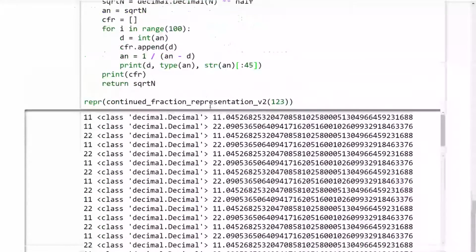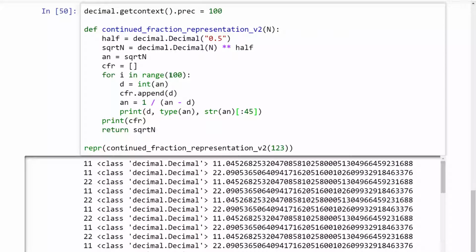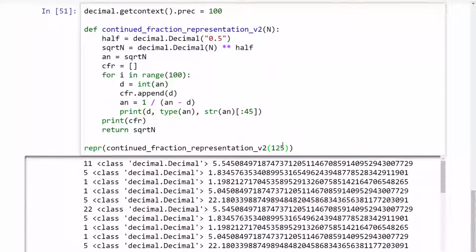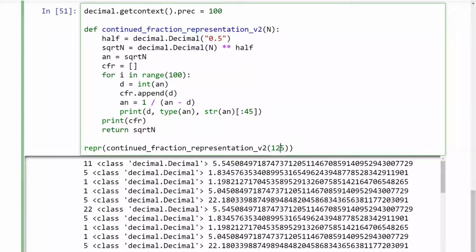Okay, so we need to find one that is not so nicely periodic. I think 511, 522, 5111.